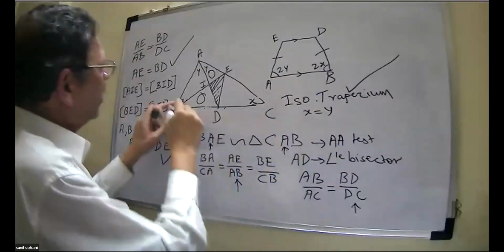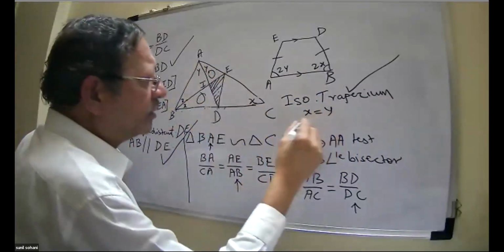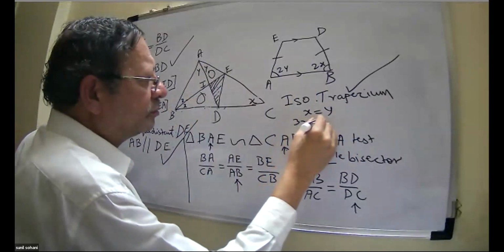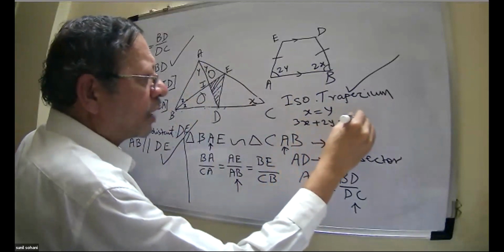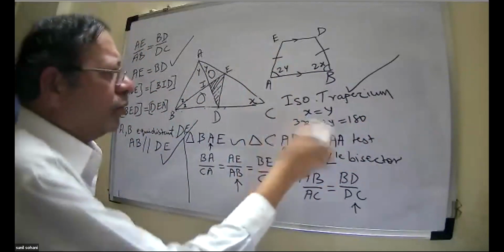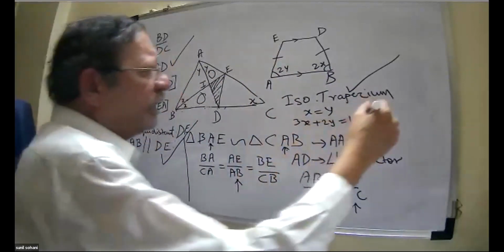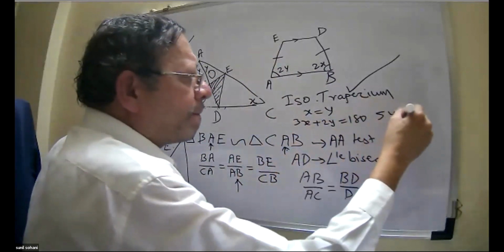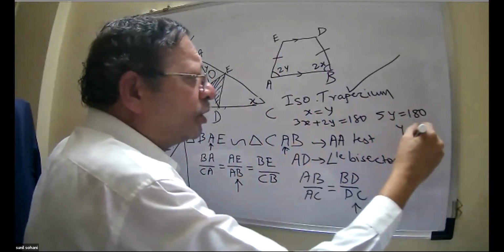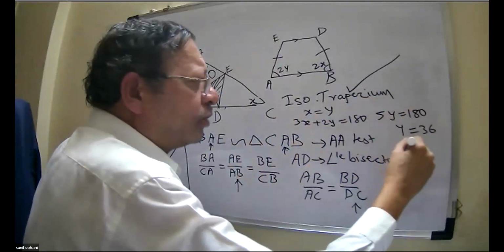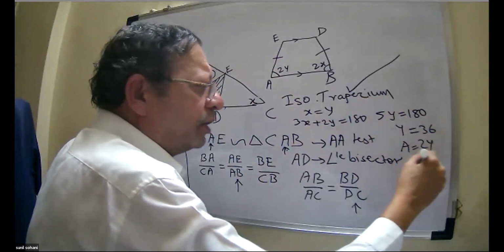Now the last part was very clear. 3x plus 2y was 180, and x is y, so you can say 5y is 180. So y turns out to be 36, and the angle is double of y, which is 72.